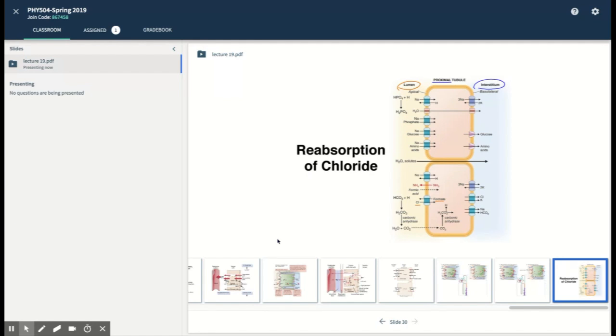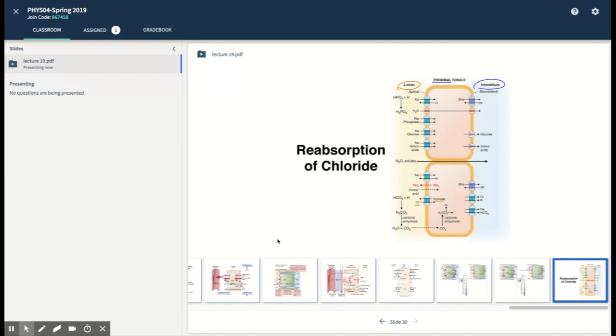So secondary active transport would be one particular channel, either a co-transporter or an exchanger, but it's using the gradient of most of the time sodium, but not always. It's using the gradient of one ion to fuel the uphill movement of another. That gradient had to be generated by something.